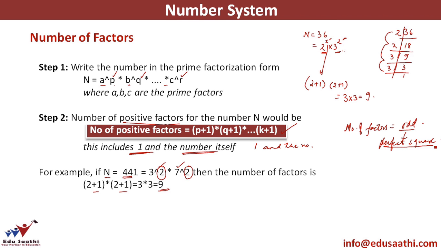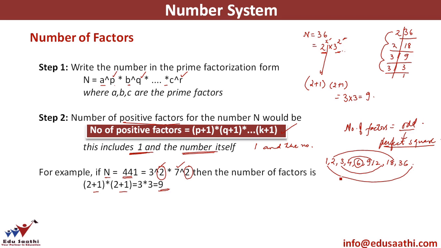So if I write down the factors of 36, there will be 1, 2, 3, 4, 6, 9, 12, 18 and 36. So 1 into 36 gives you 36, 2 into 18 gives you 36, 3 into 12 gives you 36, 4 into 9 gives you 36 and 6 square gives you 36.